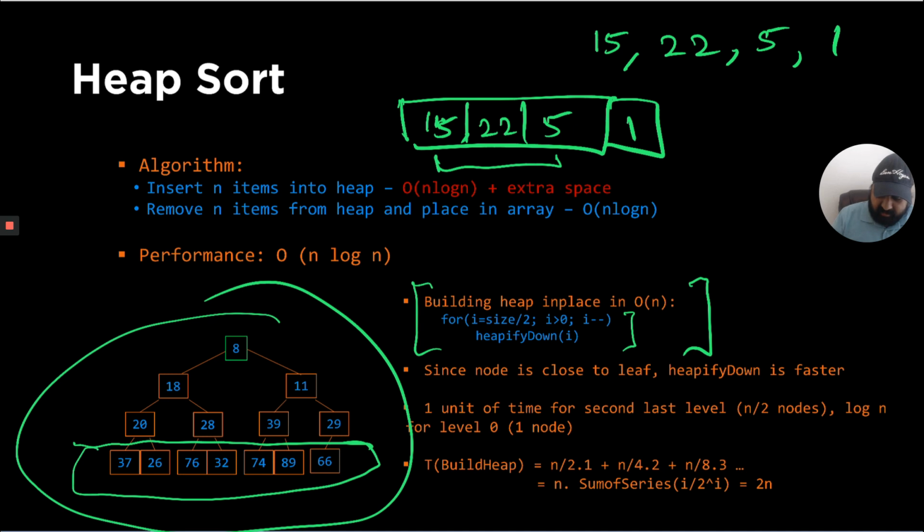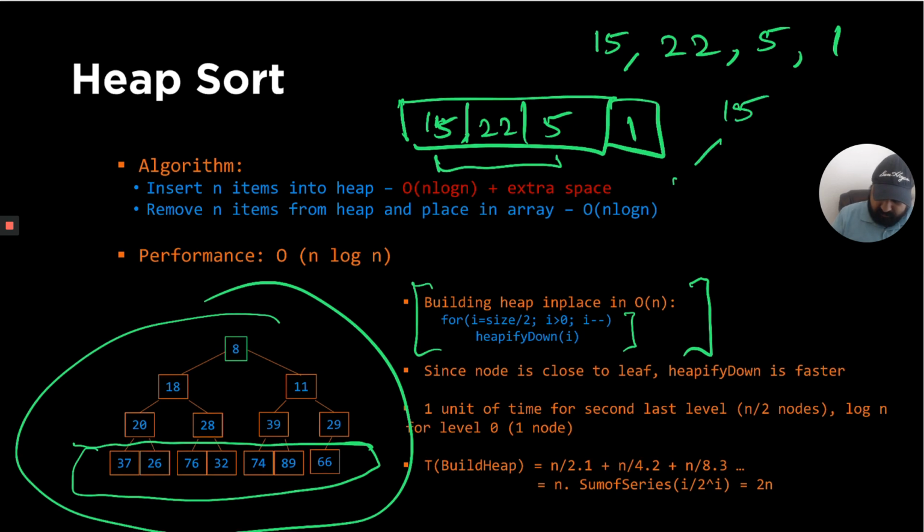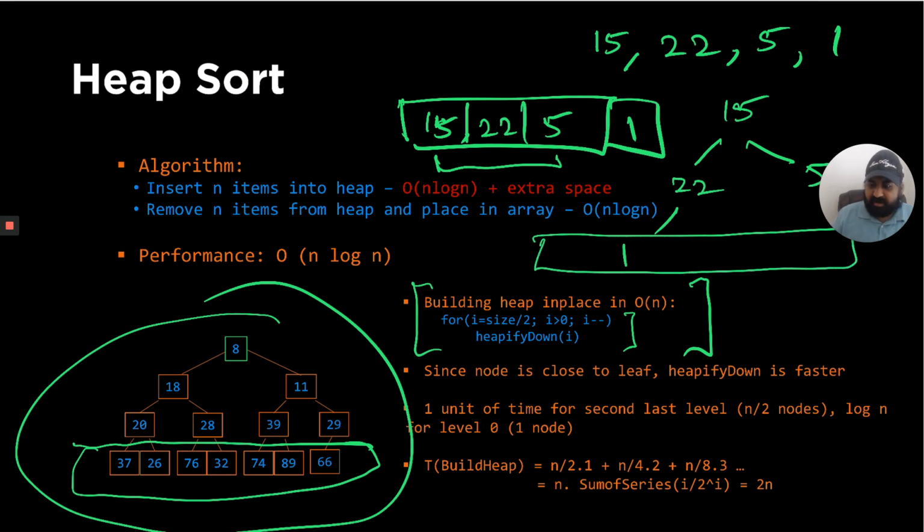In this case, our tree would look something like this: 15, 22, 5, and 1. And this does not satisfy the heap property because 1 is the smallest element and it's not at the root. So we'll go level by level and start at the bottom level. The bottom level already satisfies the heap property if you look at this subtree.